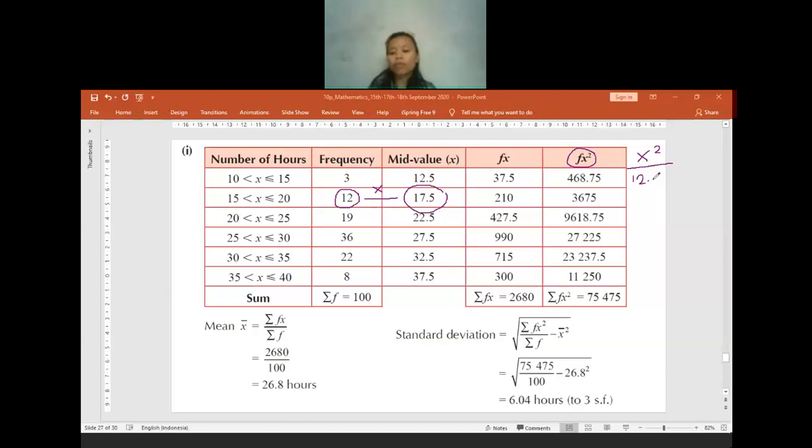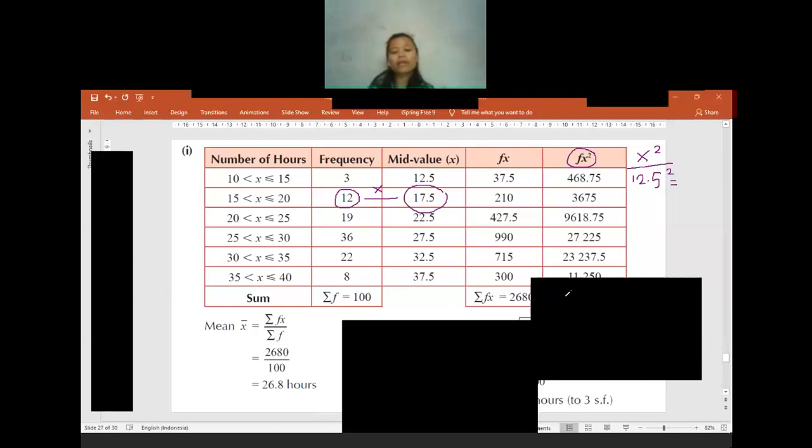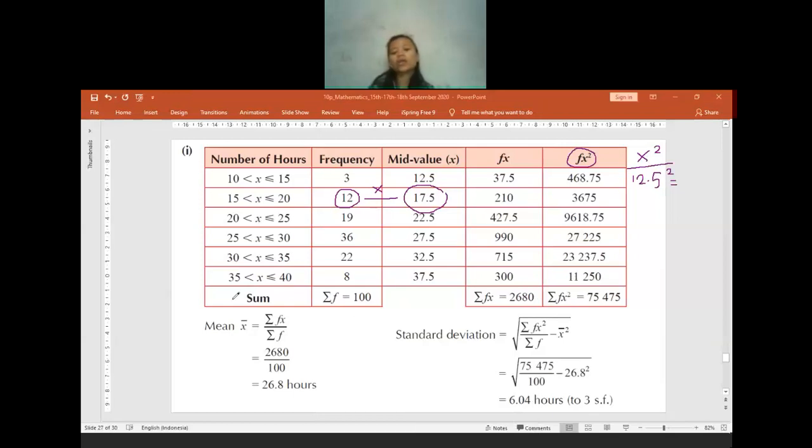X square means I need to multiply 12.5 with 12.5, or you can directly use the calculator, 12.5 square. Then you find the result. After that, you multiply the result with the frequency, so you get the fx square. After that, you add them all and you will get sigma fx square. After that, for finding the standard deviation, you have to calculate the mean first.